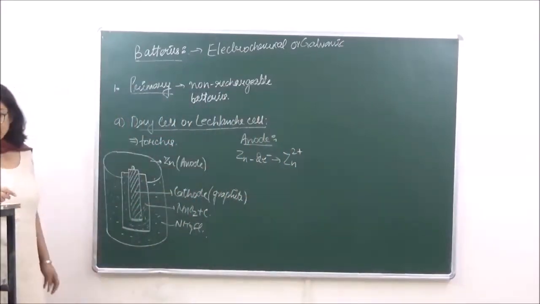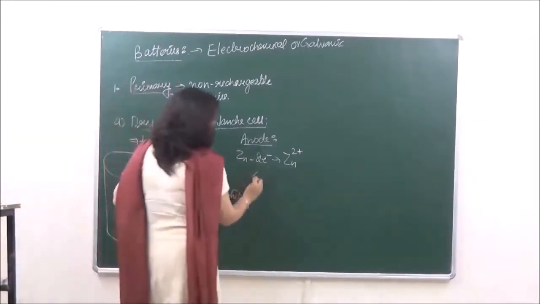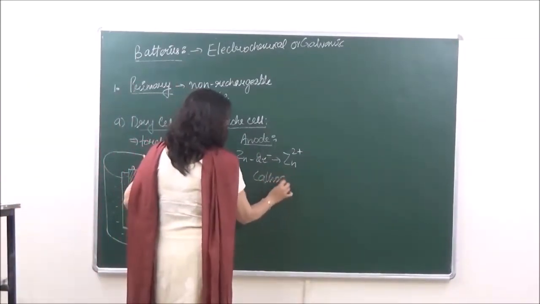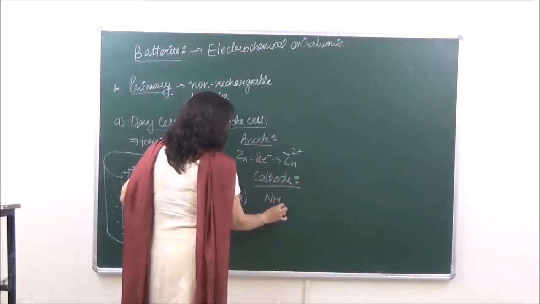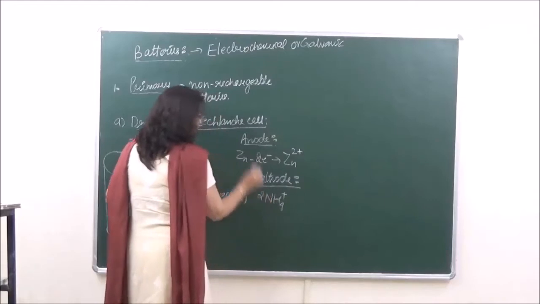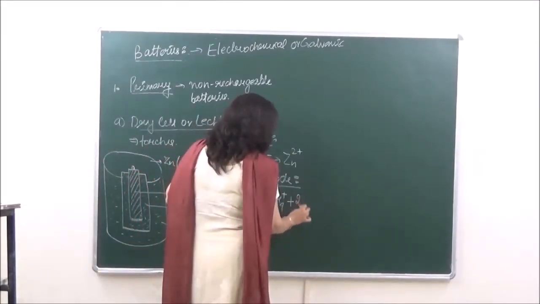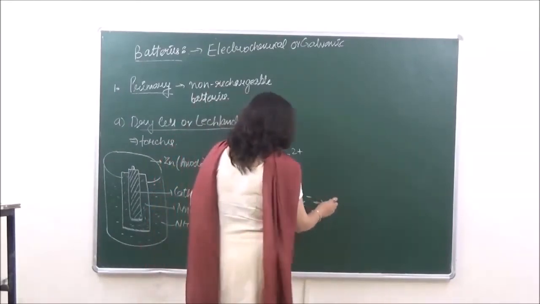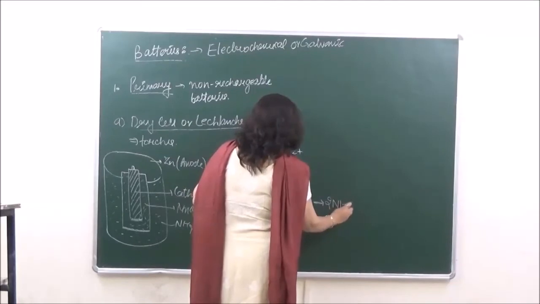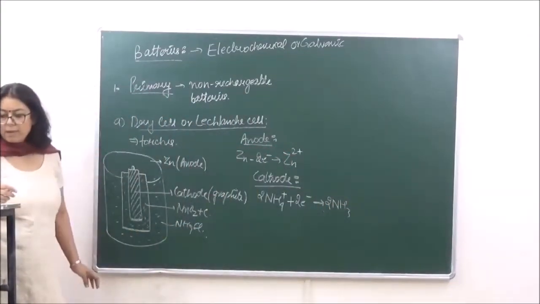At the cathode, the ammonium ions reduce, so we have ammonium ions which gain 2 electrons to give us ammonia plus H2.